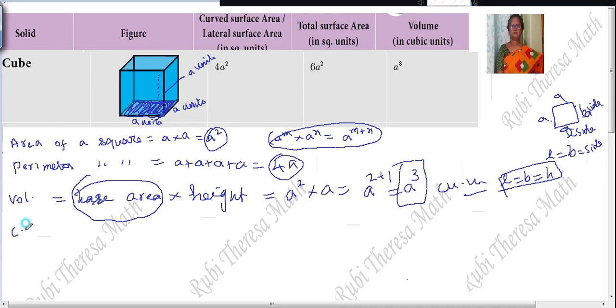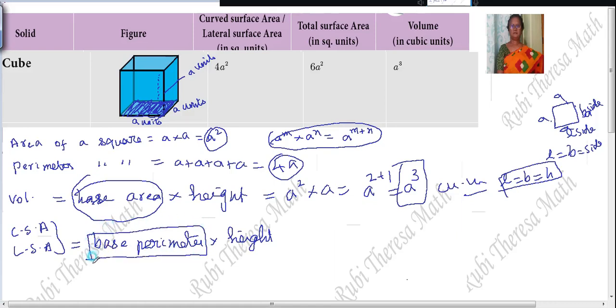So curved surface area, CSA or LSA, lateral surface area, either you can say CSA or LSA, is nothing but base perimeter into height. What is the shape of the base? Square. Base perimeter is nothing but 4A. Height is A. That is 4A square.